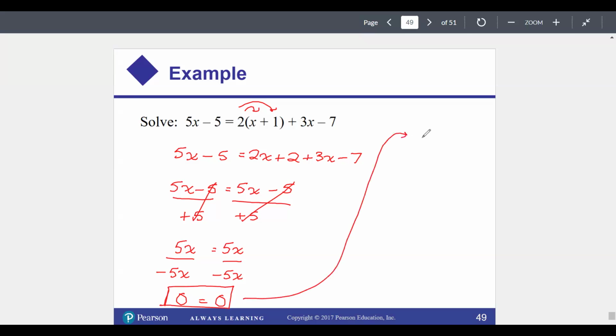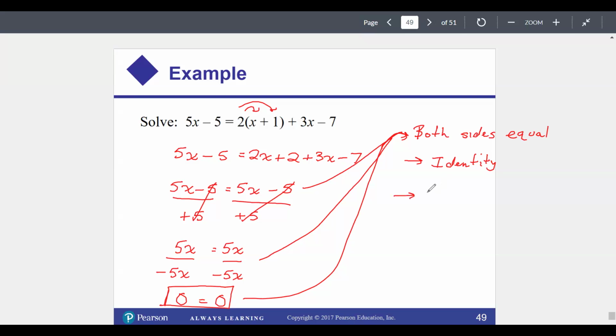But really what it is, if both sides are equal, in all 3 of these situations, if you end up in a case where both sides are equal, that means that we are going to be an identity. And this also means the equation's an identity.